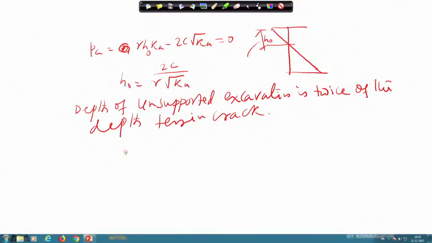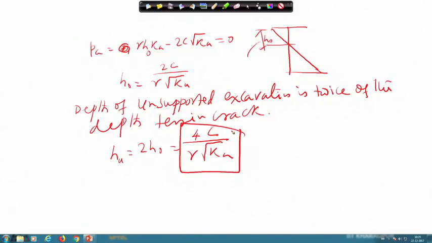So H, that is the unsupported excavation, will be 2 H naught, equal to 4c by gamma root Ka. This is the formula we have to use to find the depth of excavation without support.